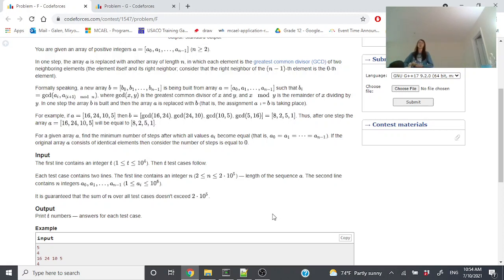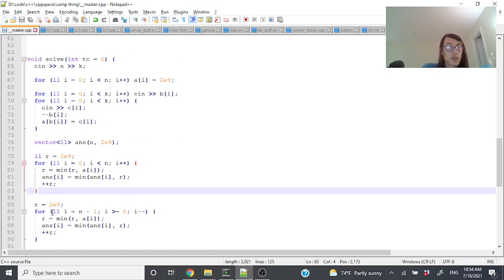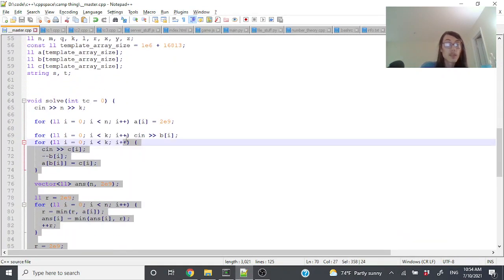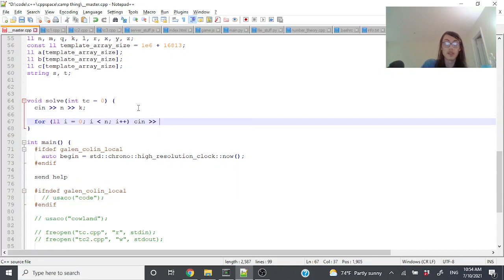So first, we find the GCD of the whole array. That must be the final element, since eventually the entire array will be compressed to that. Okay. Now basically we're finding out. So find the GCD of the whole array. C into AI.